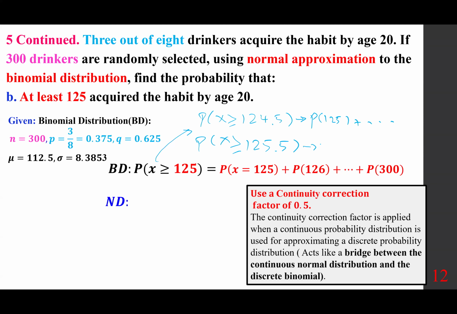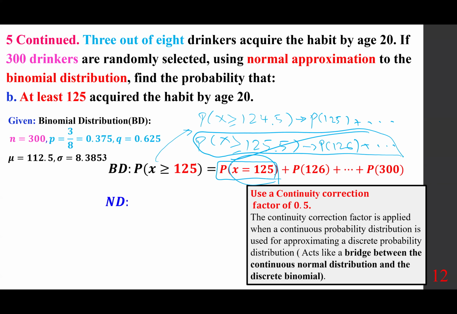Whereas this one, the first one would be probability of x equals 126, and it continues, right? If you look here, we need this one, and if we use x larger than 125.5, this won't work because we're going to miss that. So we're going to go with 124.5. So that's binomial distribution.